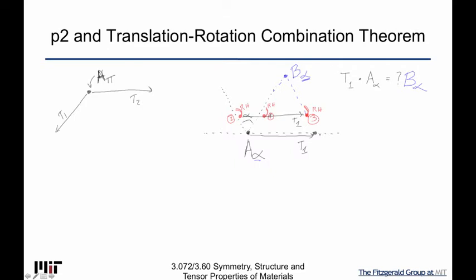If I translate this one and it's not alpha, it's not going to land on top of that. So you start to realize very quickly that, of course, this must be alpha, this must be T1, if this is all going to make sense, right? And that this must be T1, etc., right?